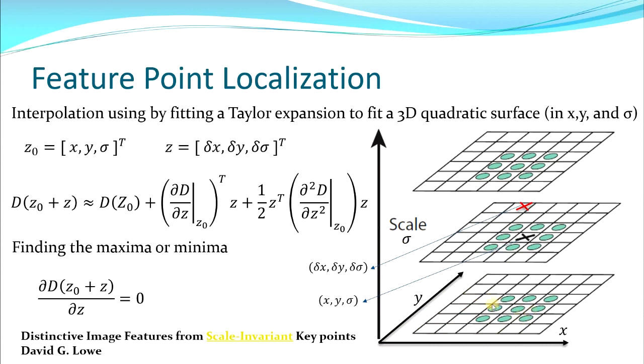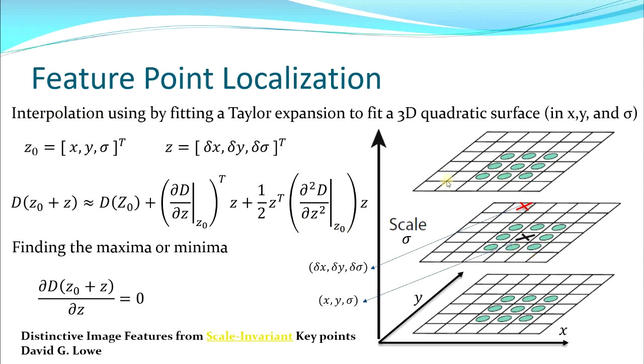You remember there is sigma, then k sigma, then k square sigma, and so on. So this scale space is also discrete. Now there are two things. First, there could be a particular maxima at a scale which is in between these. Since this is not continuous, I cannot find that point, but at least I can interpolate. That is what we are going to do first.